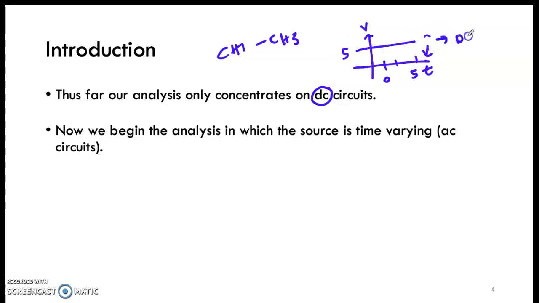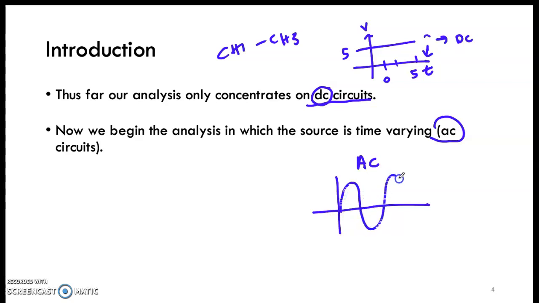This is what we call DC. So what you learned previously is all about DC circuits. Now we are moving to AC, which means alternating current, either sine or cosine. So it varies with time, and we have here i(t) and v(t).